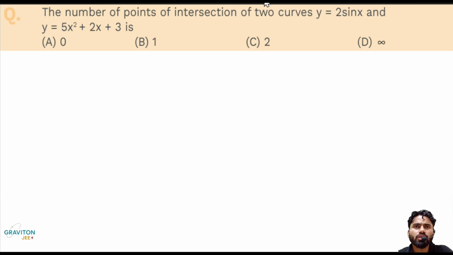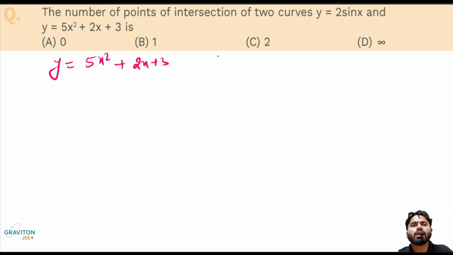Now in this question we have to find the number of points of intersection of two curves, y equal to 2 sin x and y equal to 5x square plus 2x plus 3. So basically here y equal to 5x square plus 2x plus 3.